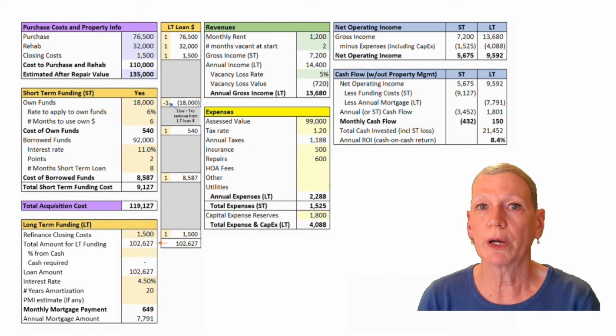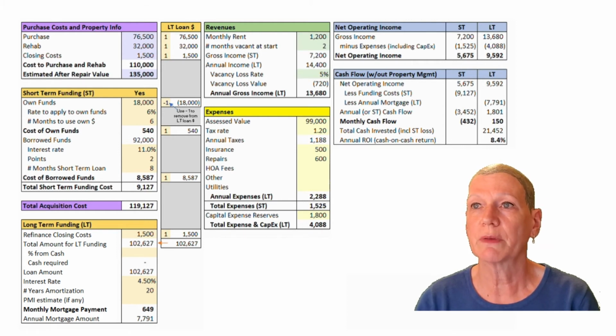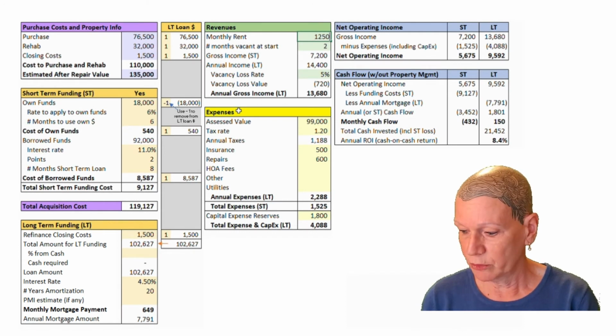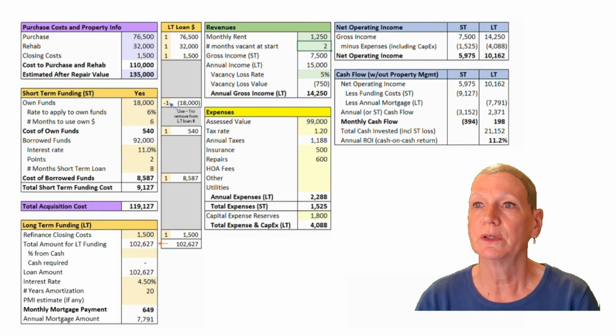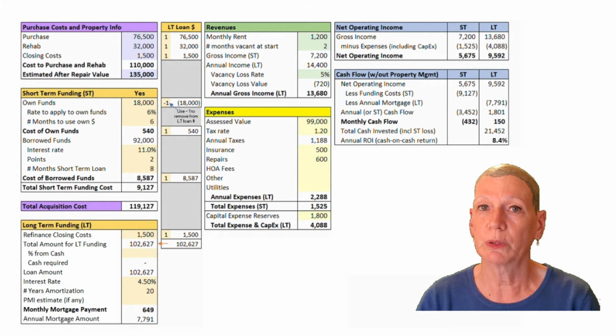So when you look at what your options are, the temptation is to just say, oh, well, I'll just make the monthly rent higher. I bet I could probably get $1,250. So you bump it up to $1,250, and now with a little bit of vacancy, you're really close to your $200 number. But remember, when you put that $1,200 in to begin with, that was supposed to be your true estimate of what you really thought you could get for rents for this property.